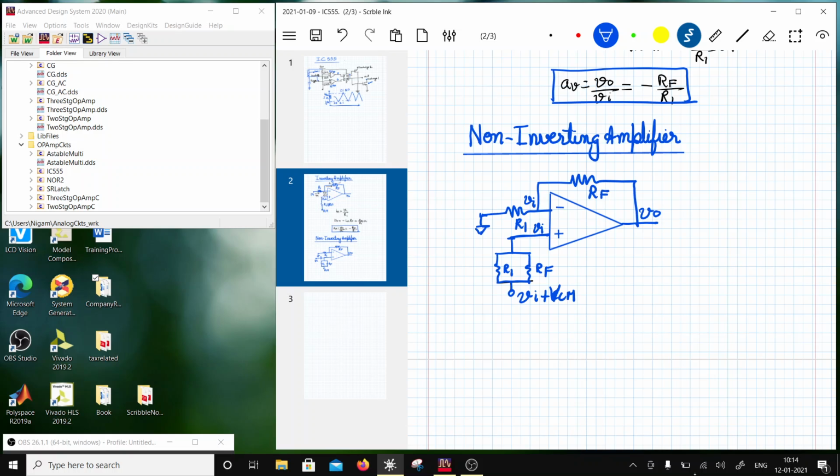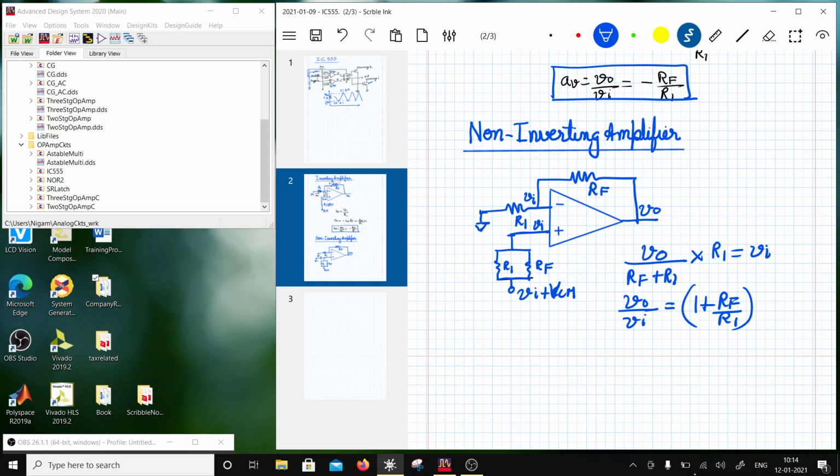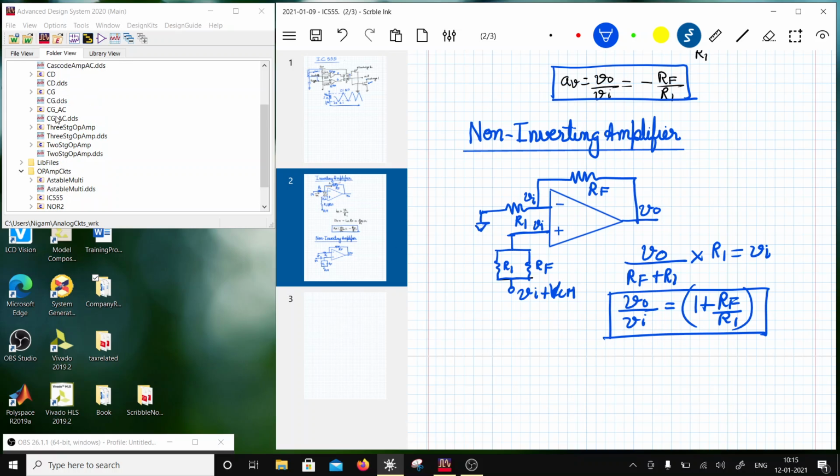So what we have here is VO divided by RF plus R1 multiplied by R1 should be equal to Vi, or VO divided by Vi should be equal to 1 plus RF upon R1. That will be the gain. This is the non-inverting gain. So I am going to implement these two amplifiers.